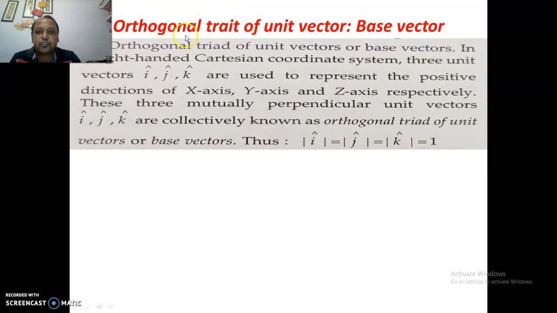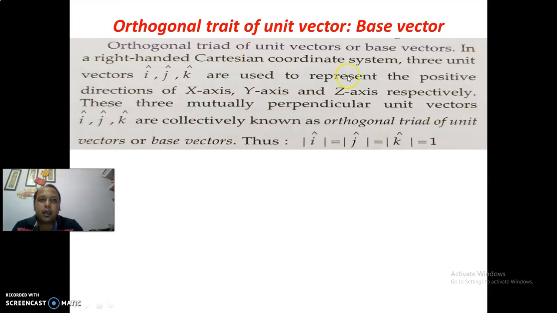The orthogonal triad of unit vectors means, in a right-handed Cartesian coordinate system, that is x-axis, y-axis, z-axis, three unit vectors i cap, j cap and k cap are used to represent the positive direction of x-axis, y-axis and z-axis respectively, and these are the unit vectors along x-axis, y-axis and z-axis, where all of them have a magnitude of 1, only the directions are different.